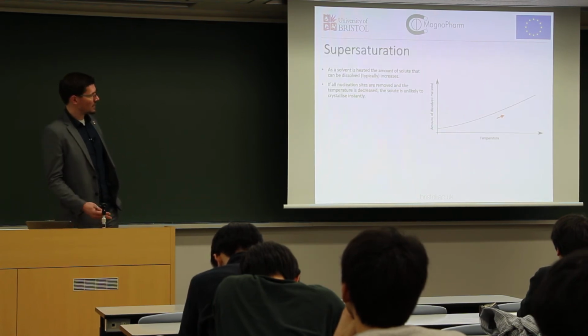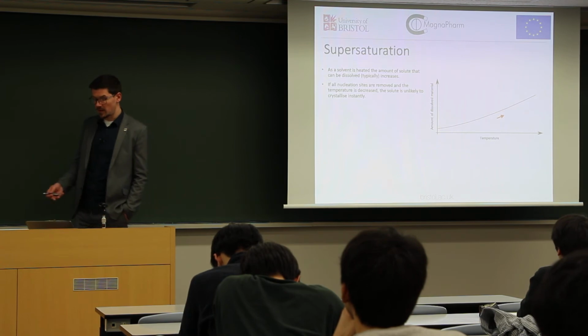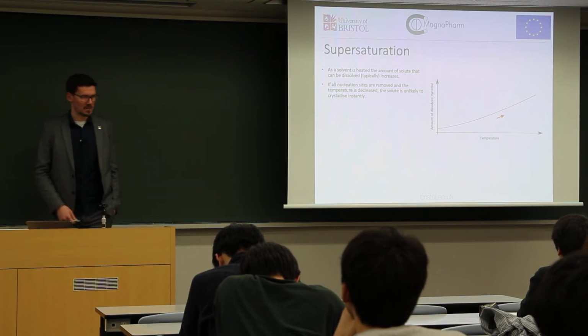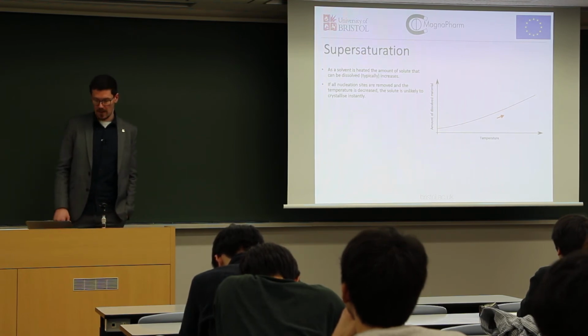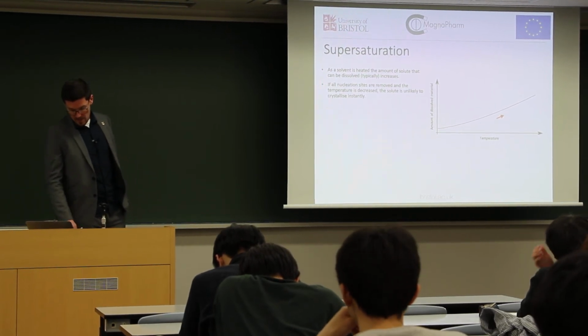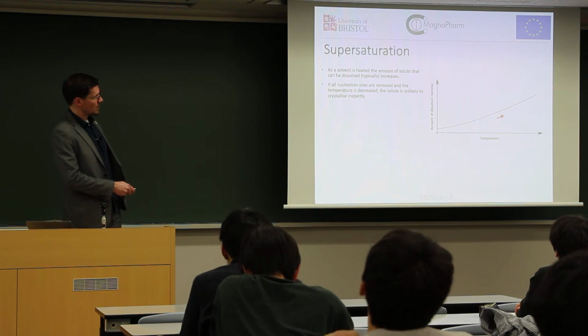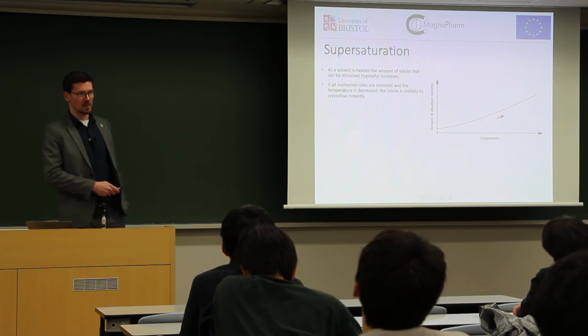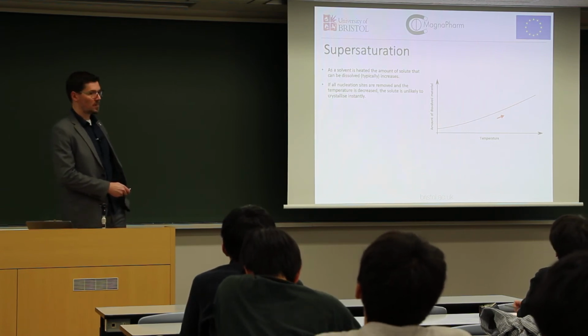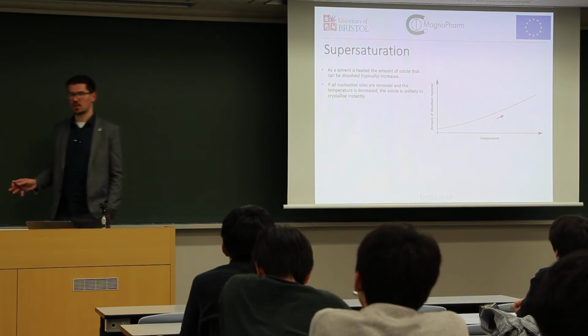So effectively, just to summarize where I think the mechanism of this lies, because we're still not at the bottom of it, is we dissolve material up to a saturation point, and then we remove any nucleation sites that we can.